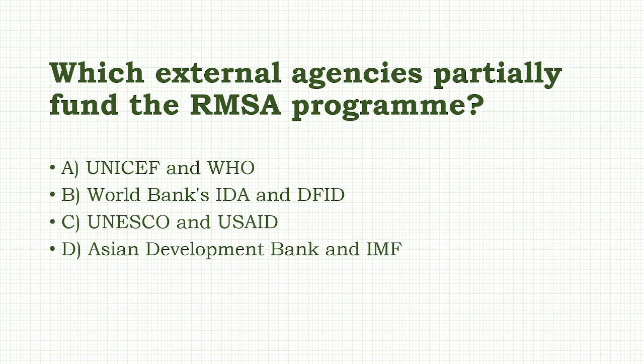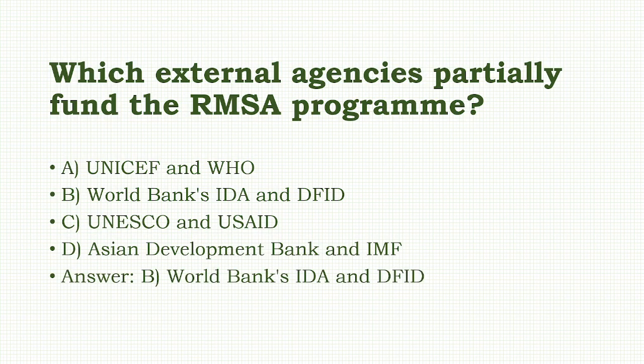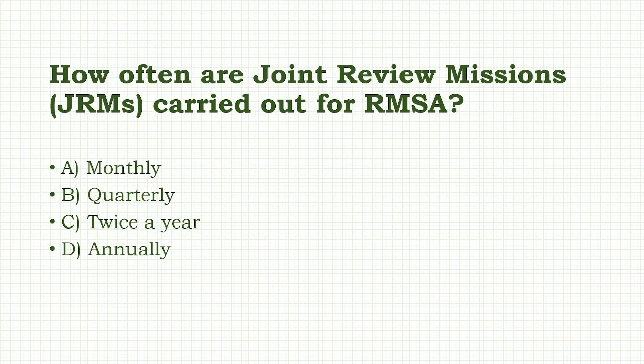Option: UNICEF and WHO, World Bank's IDA and DFID, UNESCO and USAID, Asian Development Bank and IMF. Answer of this question is option B, that is World Bank's IDA and DFID.